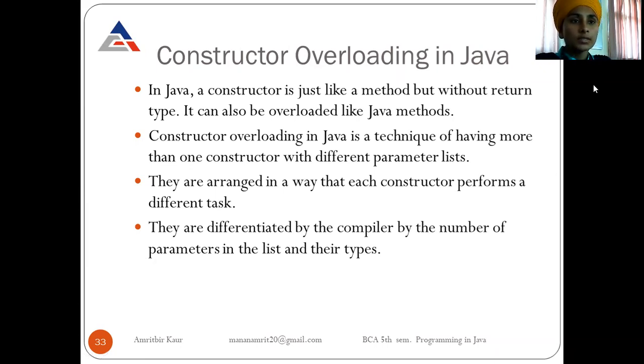For example, we create two constructors, both having one parameter, but one uses integer type and the other uses float type. So it is also differentiated by data type. This point is very important: the compiler differentiates constructors by the number of parameters and their data types. It will check the number of parameters and their data types, and according to that it will decide which constructor will be called.